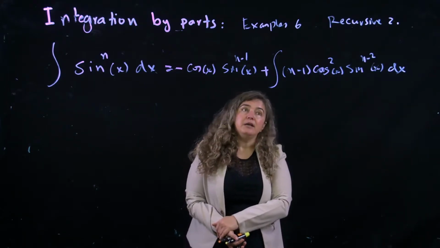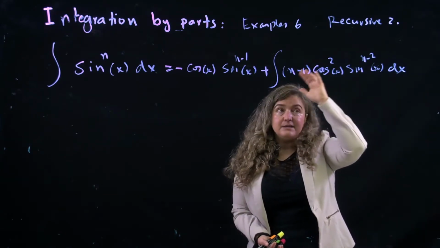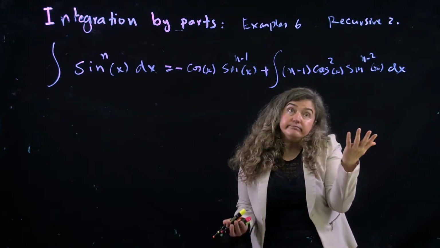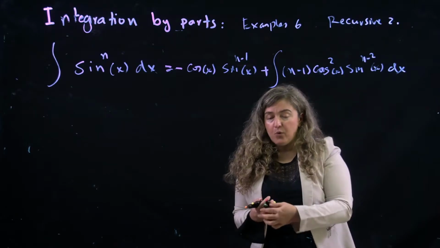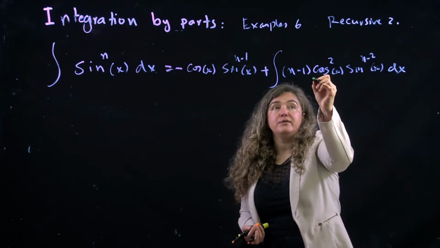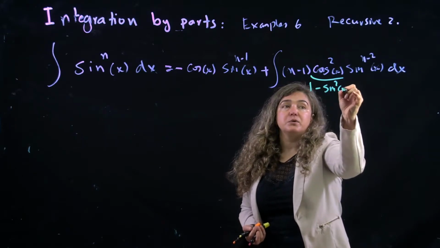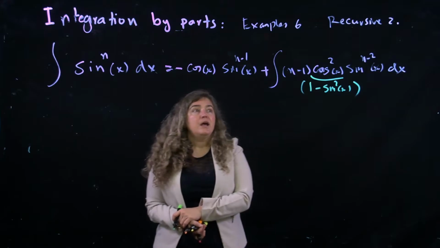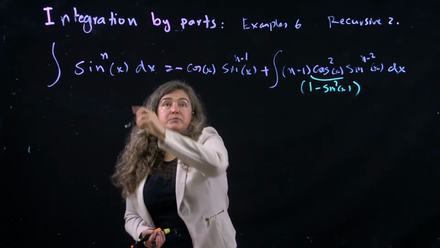What do I have? I have cosine squared and sine to the power n minus 2. What if, for cosine squared of x, I use 1 minus sine squared of x instead? Then I will have that term reappear.